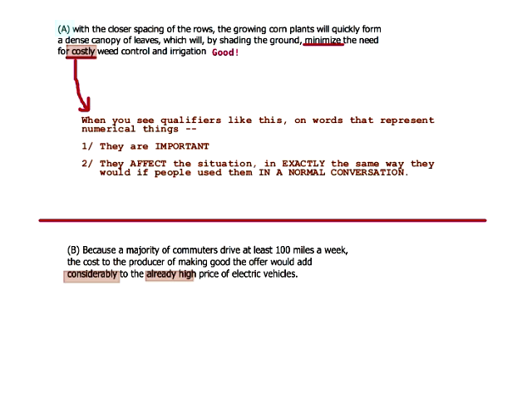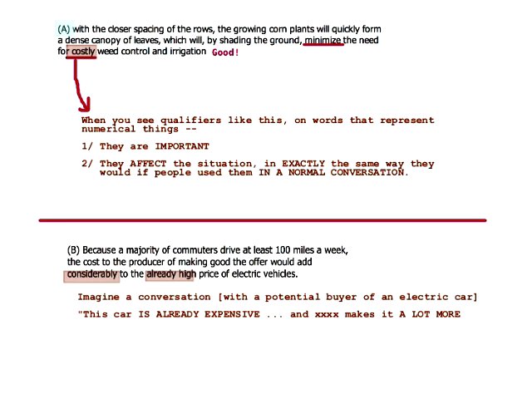And just imagine any normal conversation that would contain this. You'd be talking to someone who's thinking about buying an electric car, because that's why you'd be talking about the price of an electric car. So imagine a conversation with a potential buyer of an electric car. And they're like, well, this car is already expensive, and X thing makes it a lot more expensive.